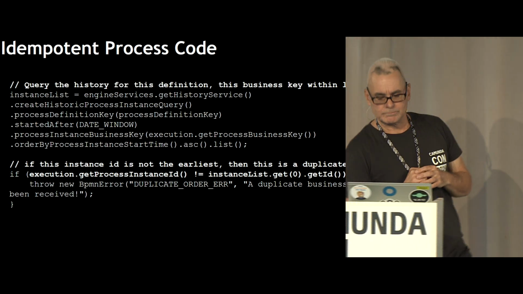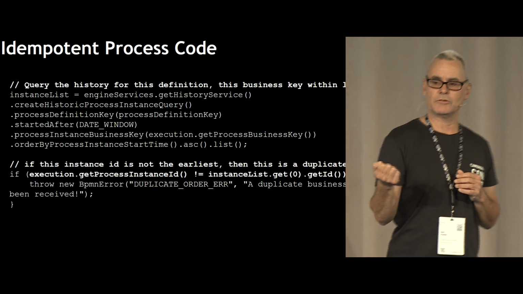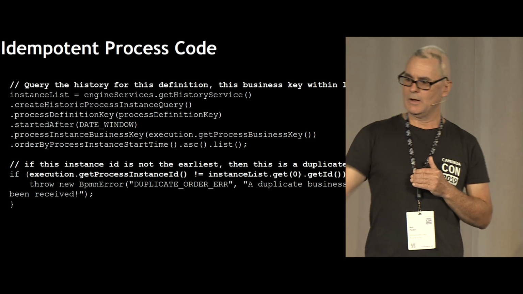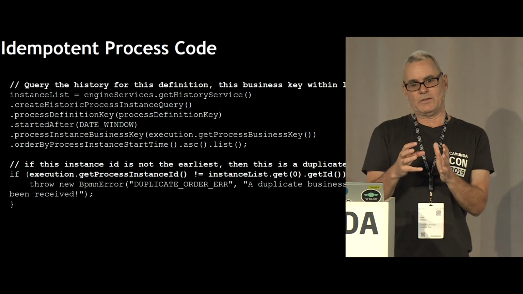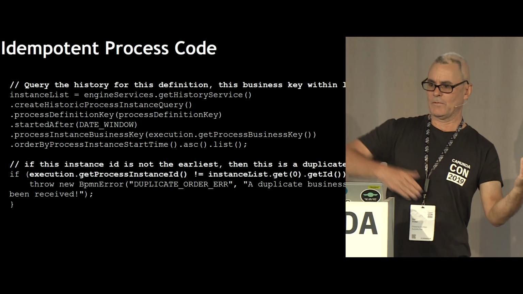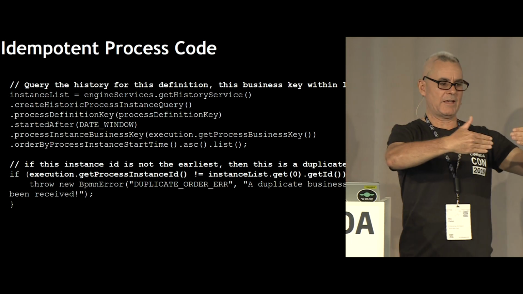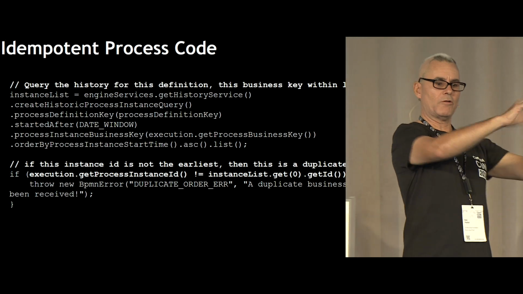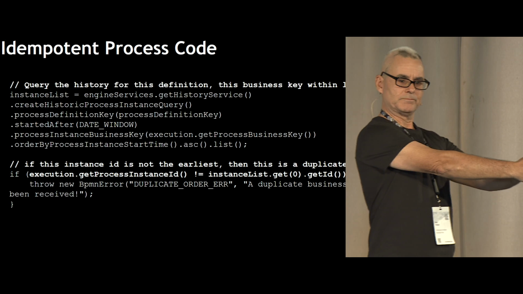And I run that query, and we sort them into ascending order because really what I'm after is the earliest one. And then what I can do is, in my current process instance, I compare its ID to the earliest one I can find with this query. Now, if they're the same, then it's, well, you're the very first instance we've seen of this, so you're good, you keep going.